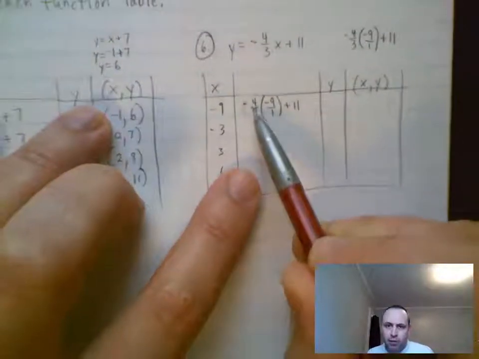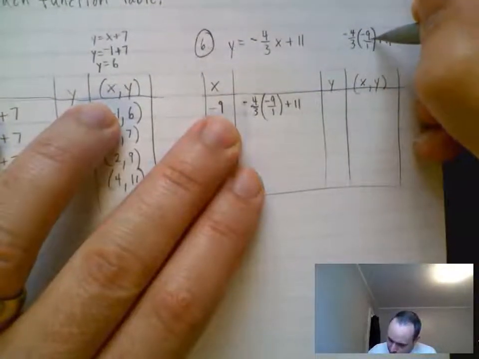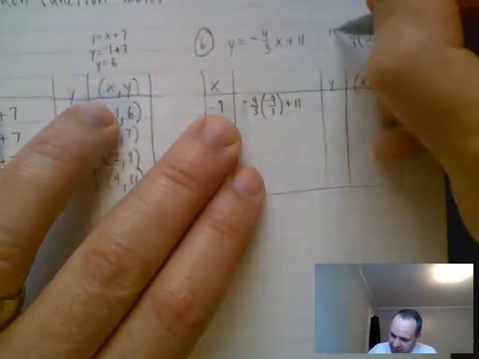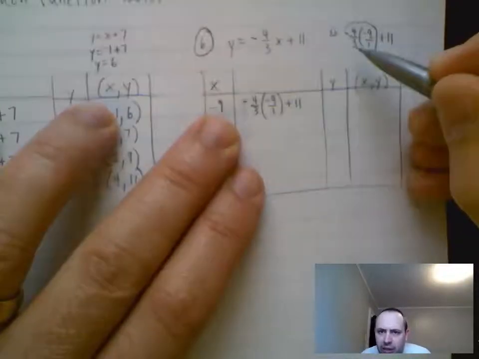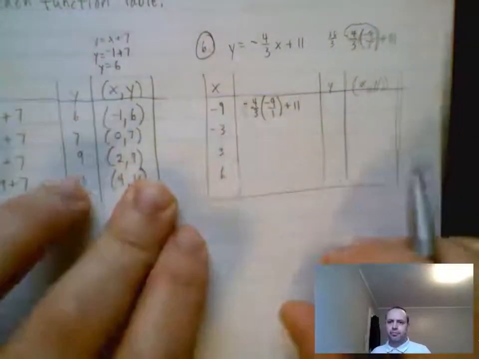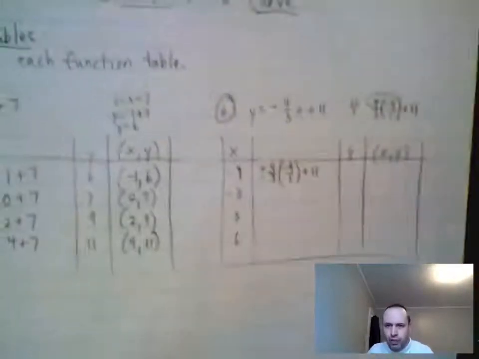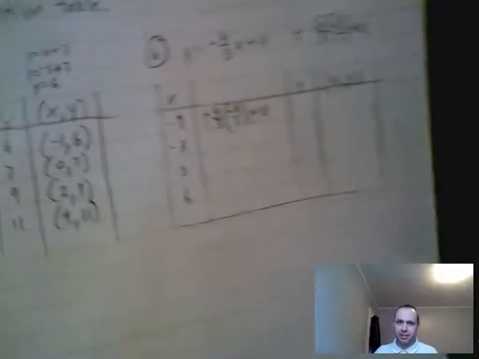So now -4 times -9, this portion up here is going to give me a positive 36, and then the 3 times the 1 is going to give me a 3. So we have 36 over 3, 36 divided by 3, which is 12.